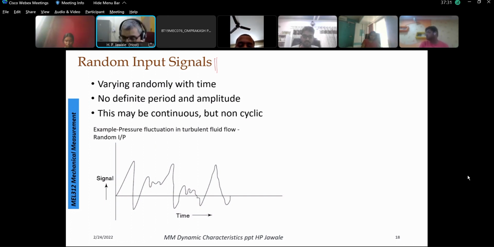So the same input, which may vary with respect to time, the same cycle or same set of input, we should be in a position to apply, which is not possible in the case of random. If it's not possible to apply, then we will not be able to have a mathematical formulation or representation of it, and thus it is very difficult to find the dynamic response for random inputs.